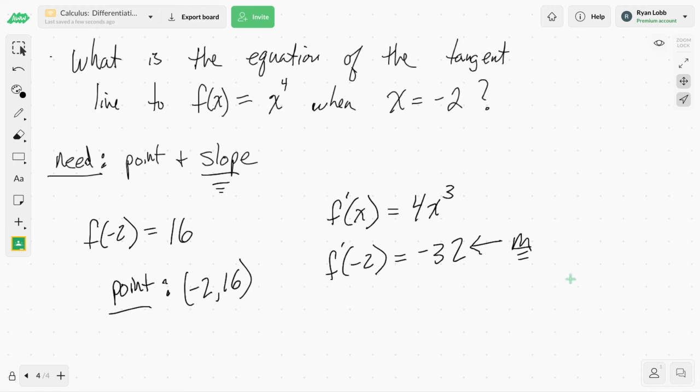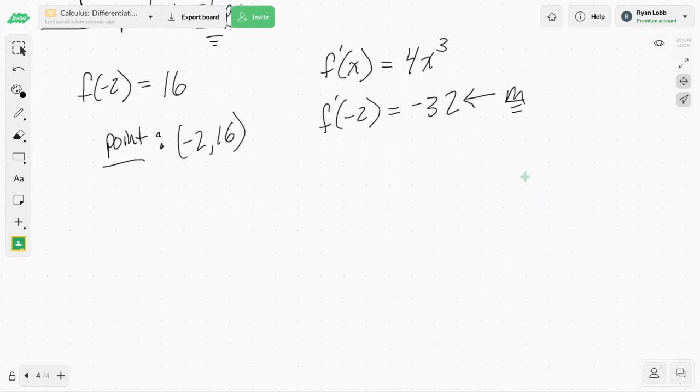To find the equation of a line, here we go. We have point-slope form: y minus y1 equals m times x minus x1. And we have y equals mx plus b. So here, might as well use this one.